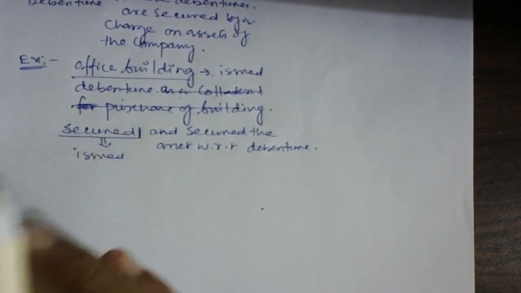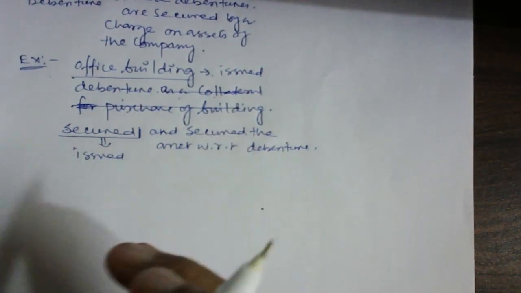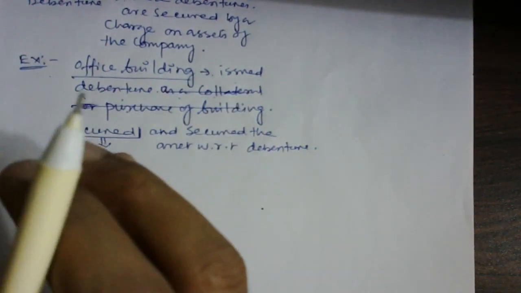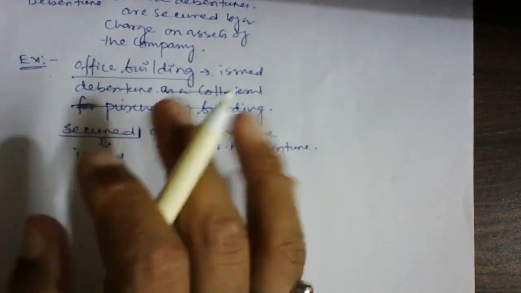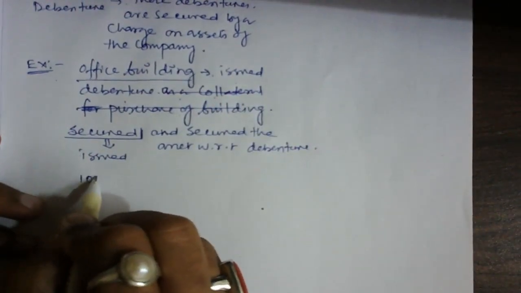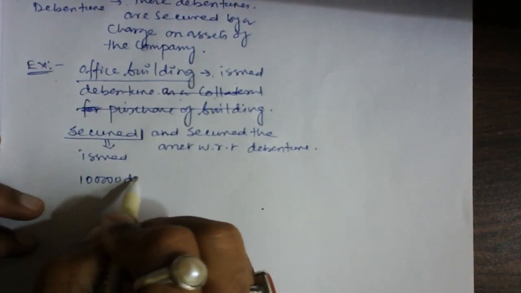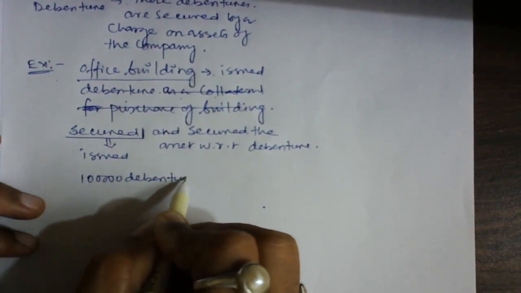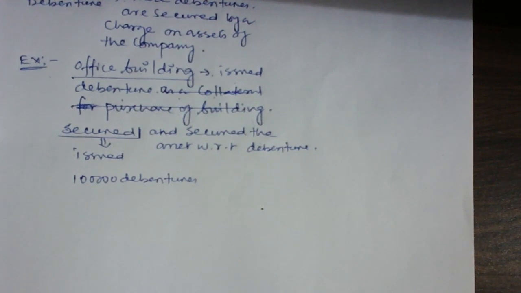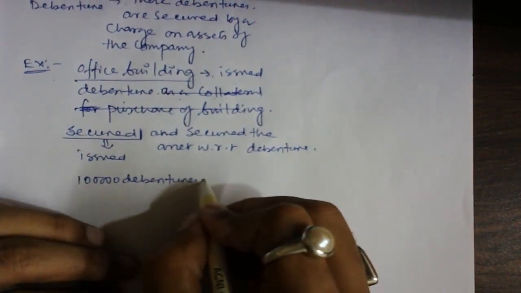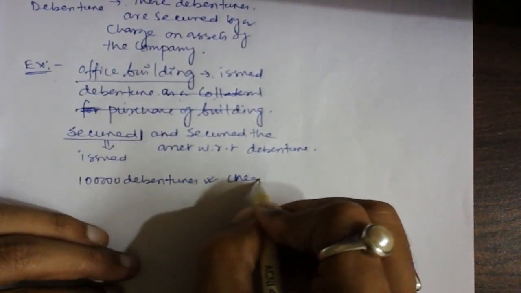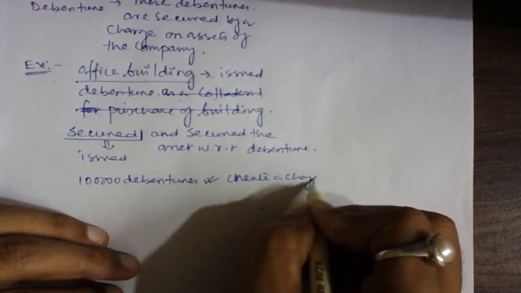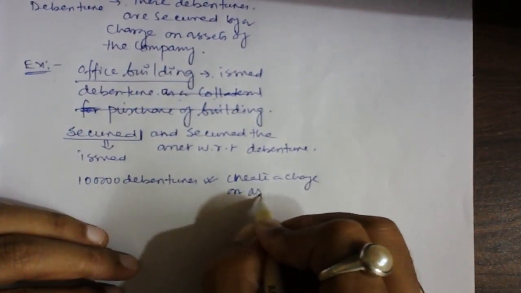The debenture holder says, sir, I am not satisfied with respect to your company. Can you secure any asset with respect to our debentures? So suppose there is a 1 lakh rupees debenture, and the company mortgages, or you can say creates a charge on, an asset.